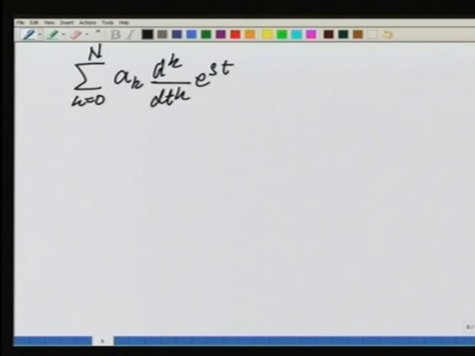This, and if we evaluate this, what we get is a k times the kth derivative of e to the st is s to the k e to the st, because every time you differentiate it once, one more s comes out of the exponent and lands on the ground.